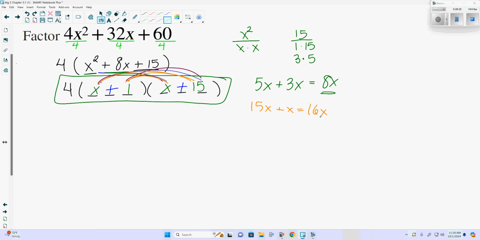So those would not be the correct factors if we did 1 and 15. But x times x is still x squared, and 1 times 15 is still 15. Those still work, but by changing that, we change the middle term. Really, that's the only thing that changed. That's why I focus on the middle term, not the first or third, when checking. The first and third should stay the same. The middle's the one that's changing.